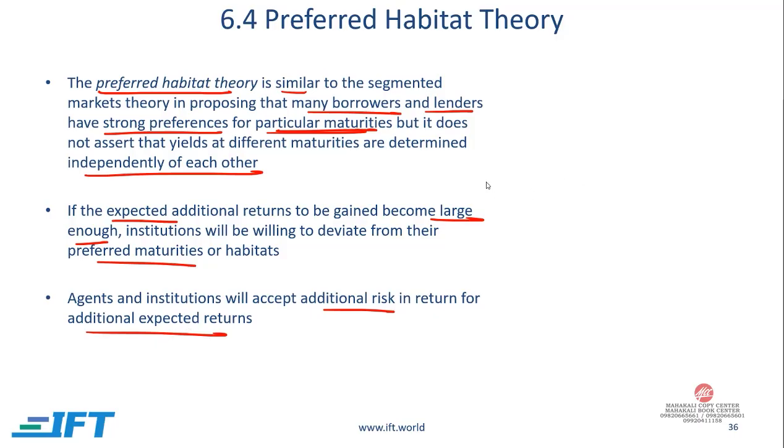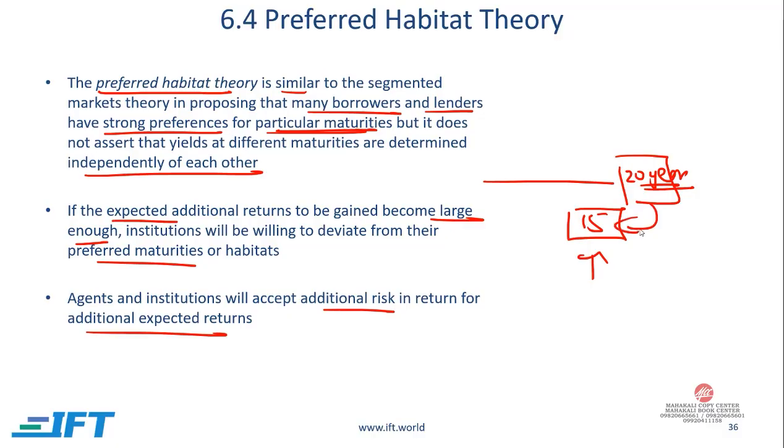So, for example, let's say that an institution has certain obligations, and to meet those obligations, the institution invests in 20-year bonds. But it turns out that the returns on, let's say, 15-year bonds is very high. And the institution then might take on the risk of moving into shorter maturity bonds to get that extra return. So this would be a calculated risk.